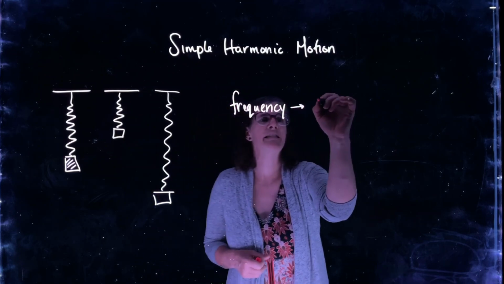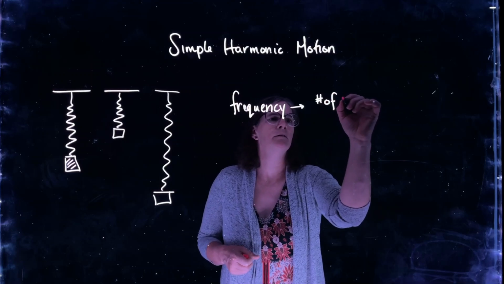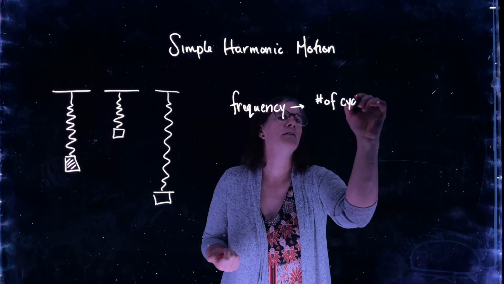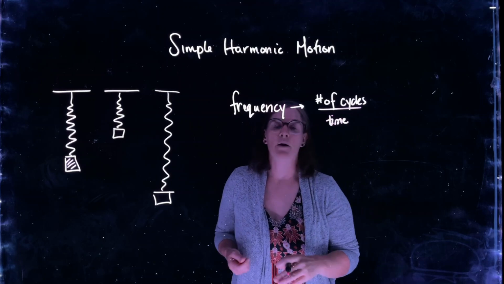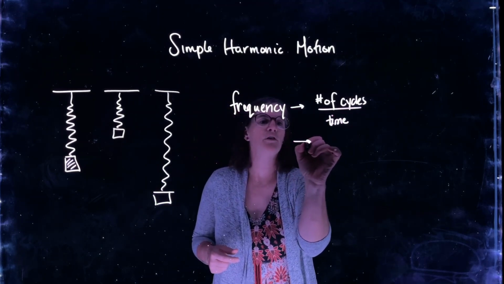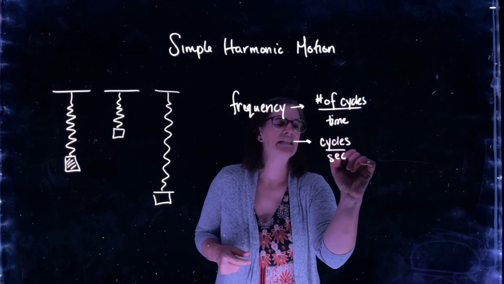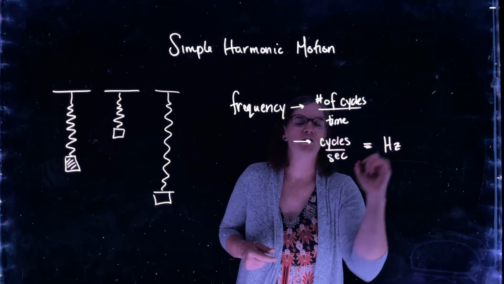So the frequency is the number of oscillations or cycles in a given amount of time. Now, we often use that time base of seconds, so we talk about the frequency as the cycles per second, and that has a unit of a hertz.